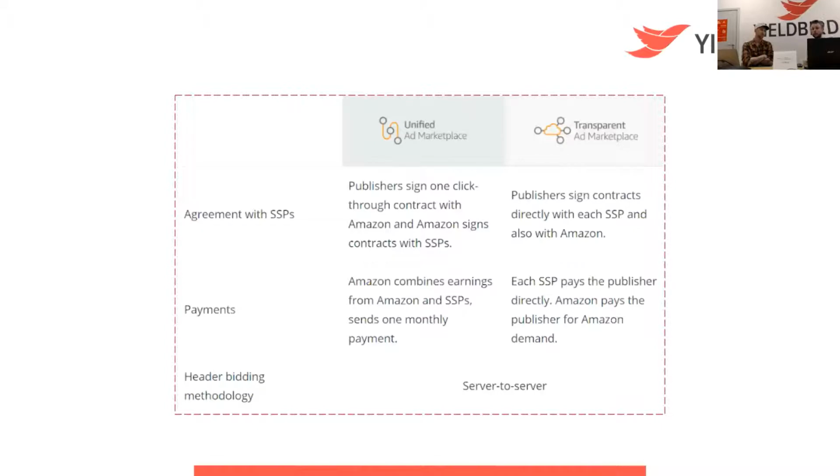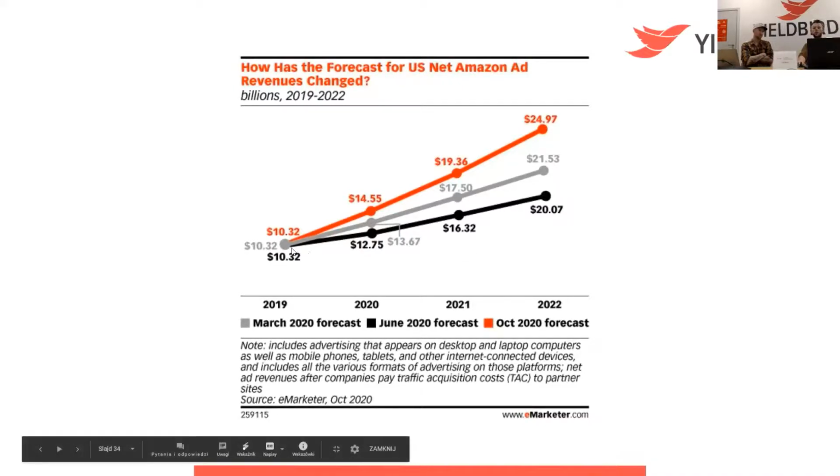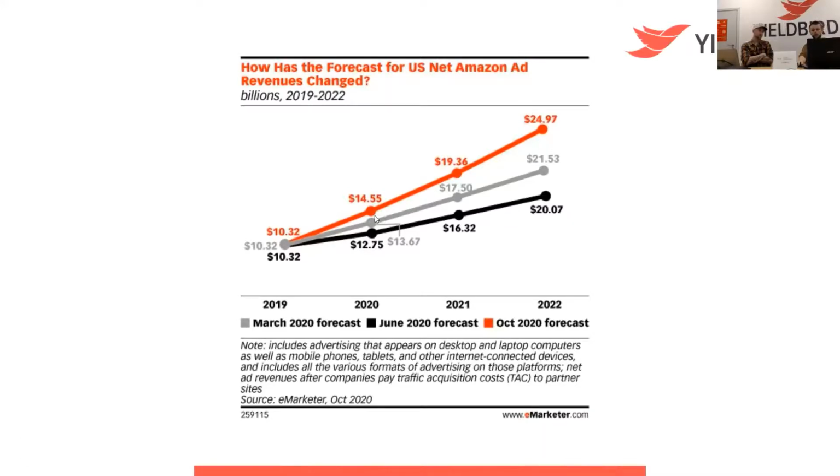You have this specific comparison here. Considering how Amazon is growing, and this is a fresh graph from eMarketer from October 2020, you can see how Amazon grew from last year to this year. Maybe not something crazy big, but still 40%, which is impressive for the pandemic time.